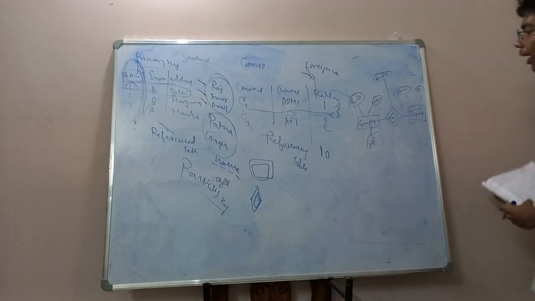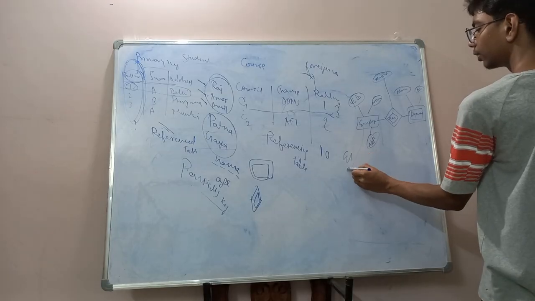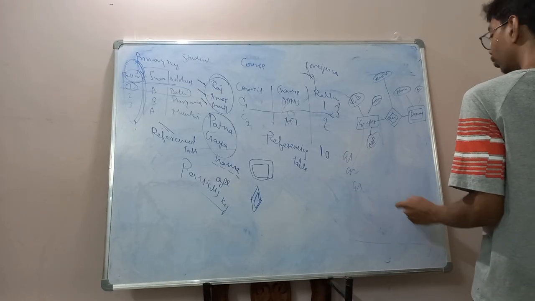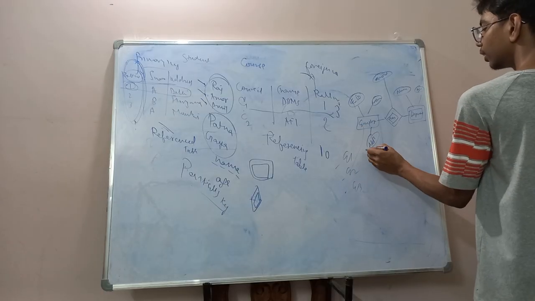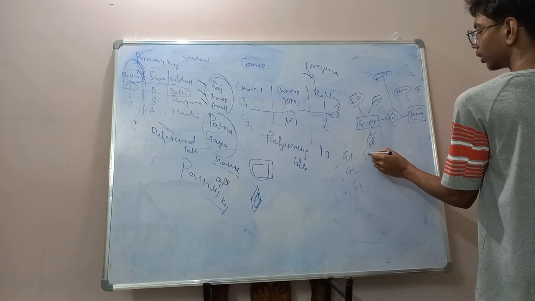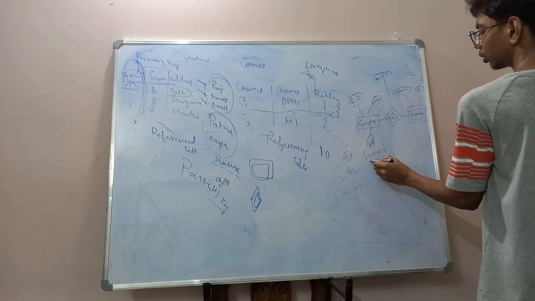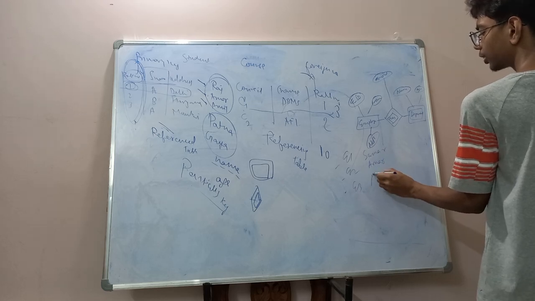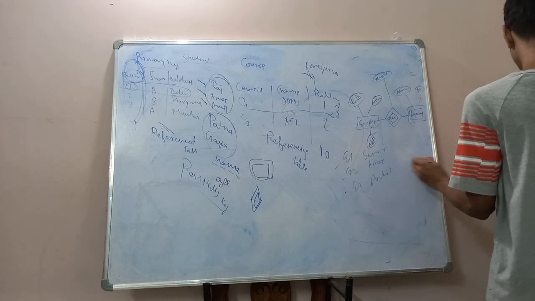Suppose I have 3 employees: employee 1, employee 2, employee 3. I have 3 IDs, 3 names. Suppose Samar, Amar, or any name such as Ankit.